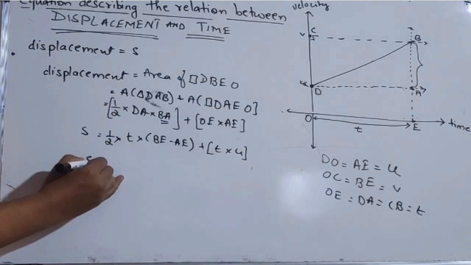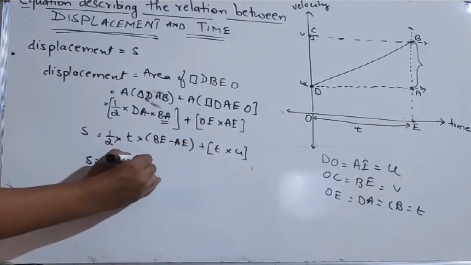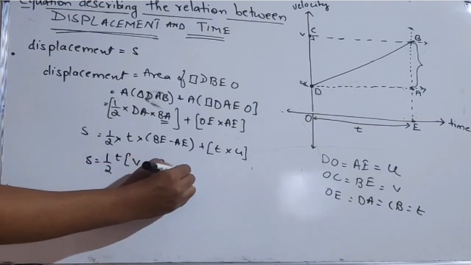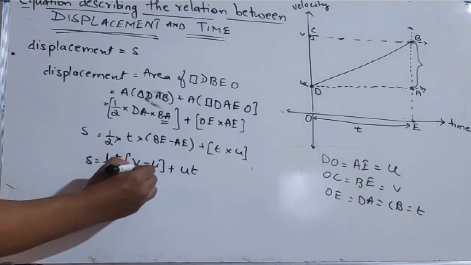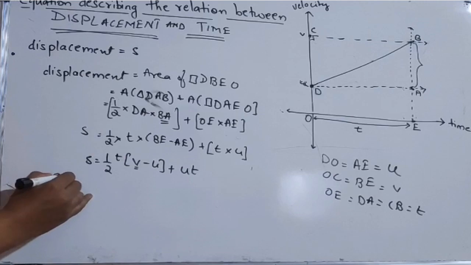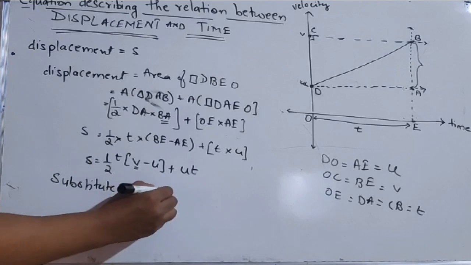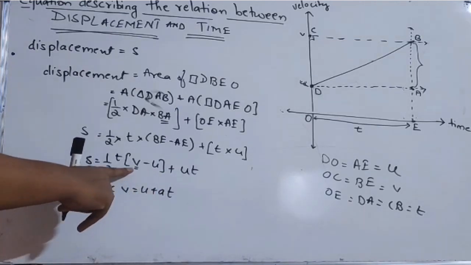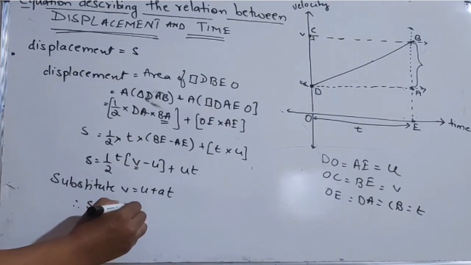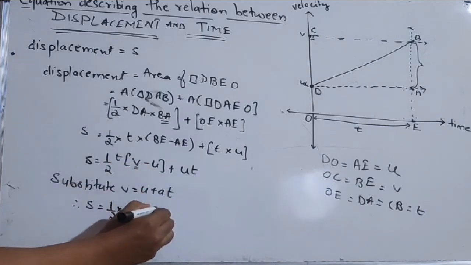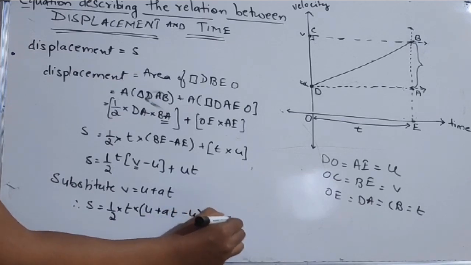Okay. So displacement is given by S. Now S is equal to half into T into V minus U, plus UT. Now we know the value of V. Now substitute V is equal to U plus AT. So instead of V, I'm going to write U plus AT. So S is equal to half multiplied by T multiplied by U plus AT minus U, plus UT.